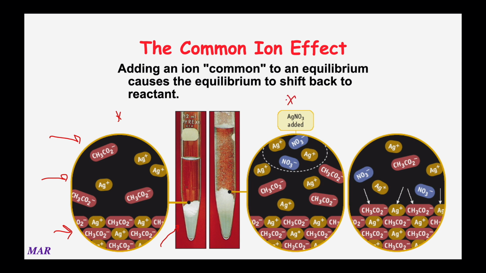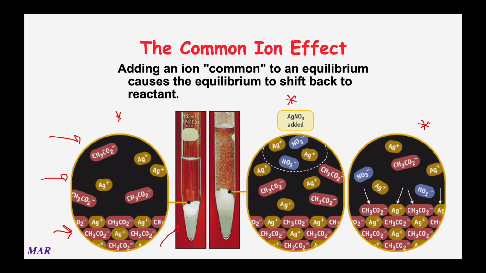And then it shows adding the additional silver nitrate. And then finally, on the right-hand side, notice, and this is not an accident, there's only 1 acetate left over. So adding silver to a silver acetate equilibrium forced the reaction to move towards the solid side, and more silver acetate precipitated out.